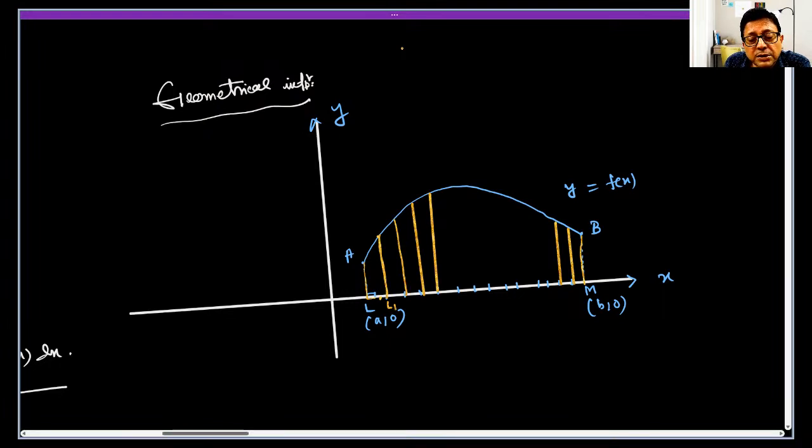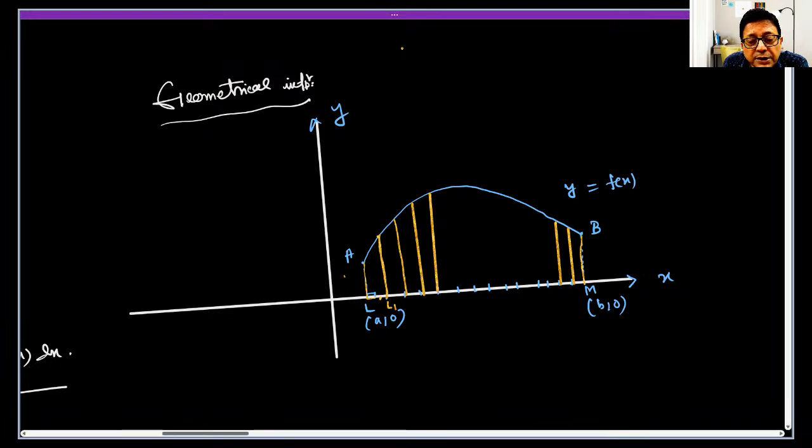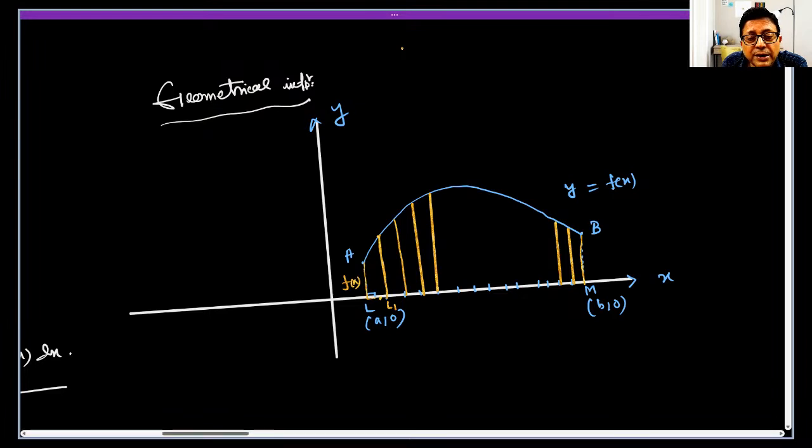Now you just check here, this length of interval is h, this part is f(a), you agree, and this length is f(a plus h), isn't it? Length of this part is what? This perpendicular is f(a), length of this portion is f(a plus nh).